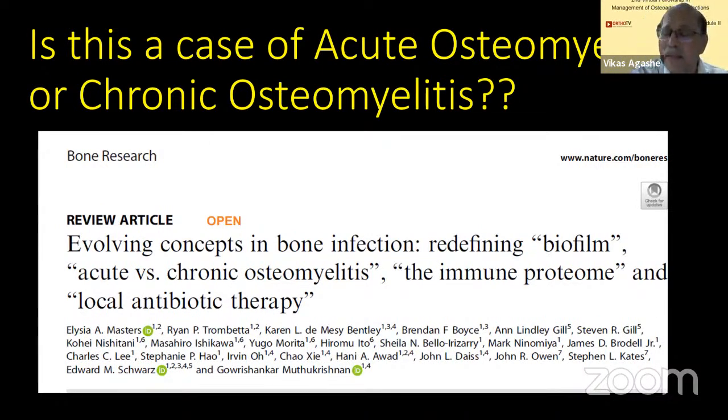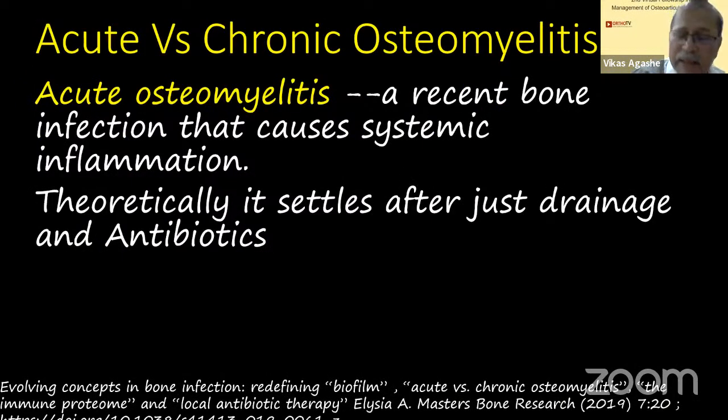Now, in the last few years, there have been several new ideas, and this is one article which I share with you: Evolving concepts in bone infection: redefining biofilm, acute versus chronic osteomyelitis, the immune proteome and local antibiotic therapy. This article and several others say that we have been defining acute osteomyelitis as infection that causes systemic inflammation, and theoretically it settles after just draining followed by antibiotics.